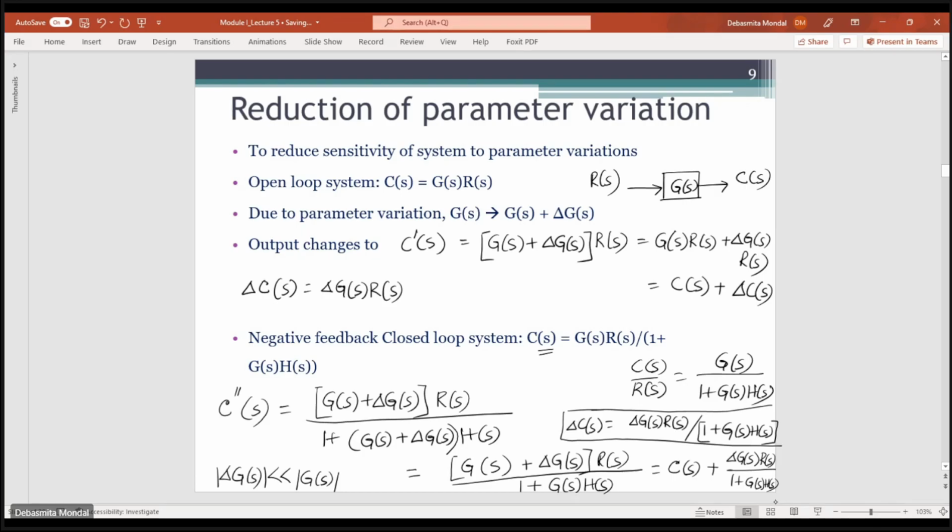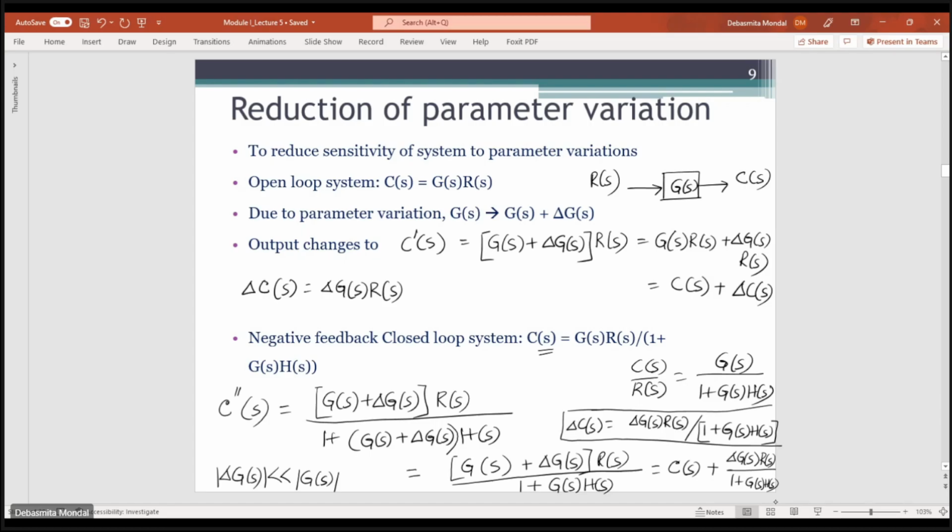Now here you see that because of using feedback, previously if there was no feedback, in an open loop system, then for the same amount of variation in the value of GS, the output variation was delta GS into RS.